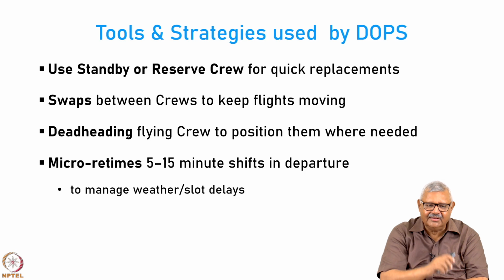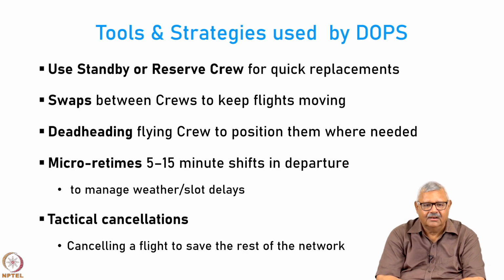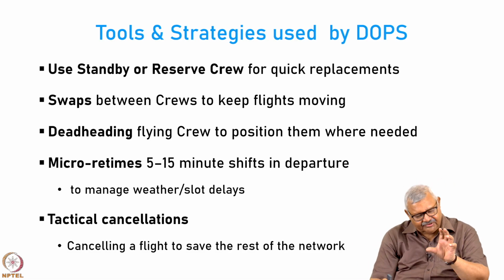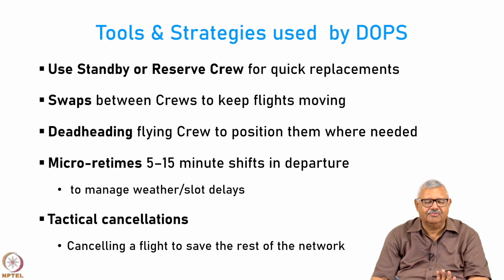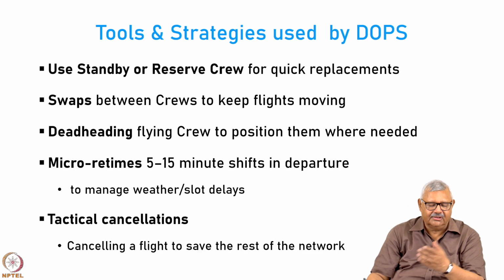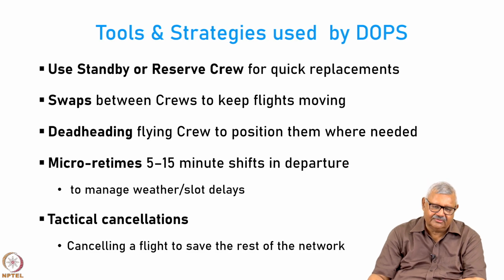So, therefore, many DOPS will do micro retiming, a short delay to manage weather or slot delays, and sometimes they may do tactical cancellations. They would cancel a flight so that the remaining network is saved. Passengers of that particular flight will be upset because the flight is cancelled, but they could be reassigned to a later flight, or given some incentives.